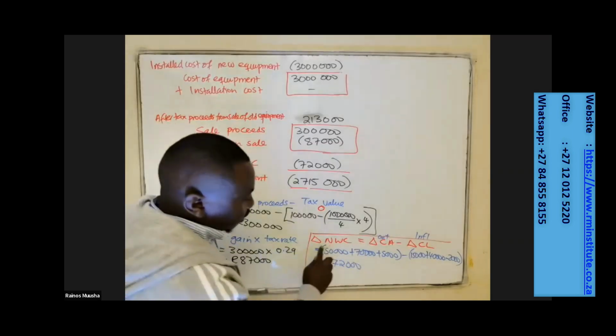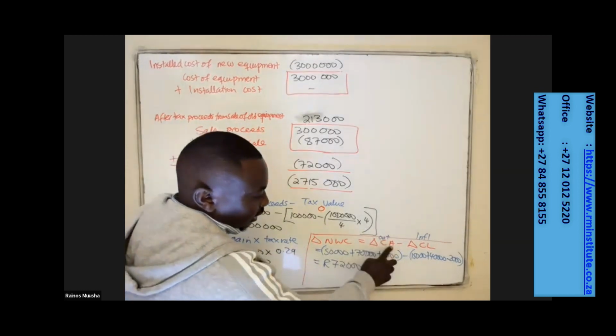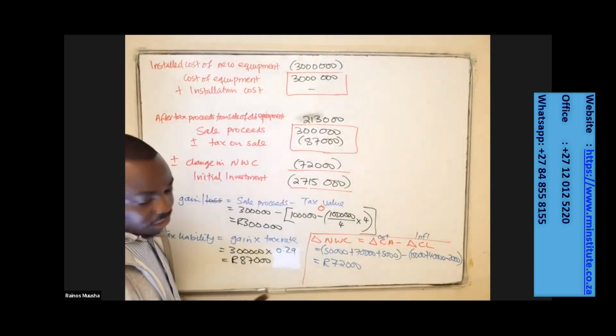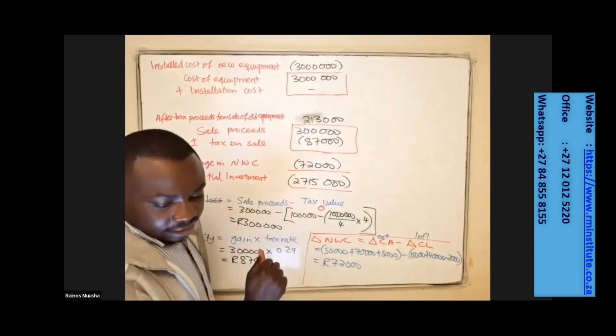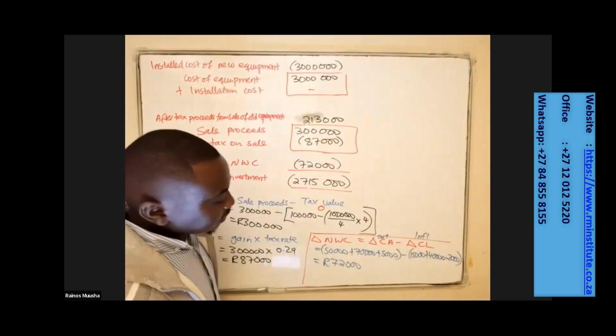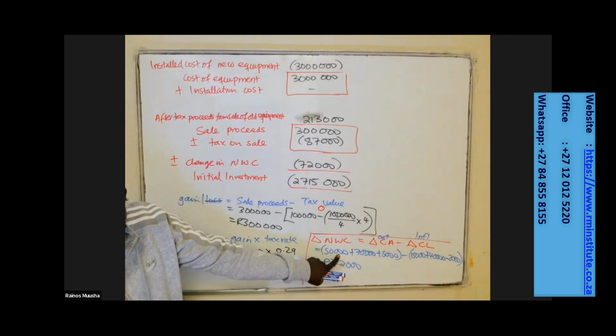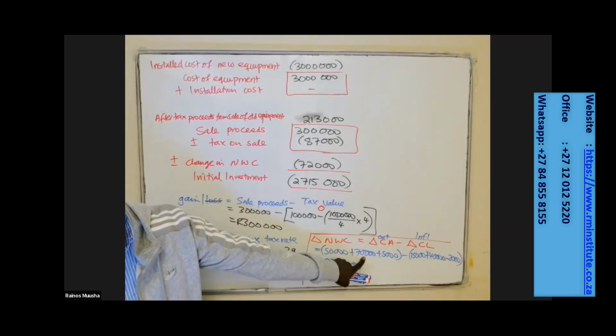So remember, your change in net working capital is a change in current assets minus change in current liabilities, isn't it? What makes up our current assets? There was an increase of 50,000 in inventory, so it's going to increase the value of our current assets. Our accounts receivable increased by 70,000, an increase in current assets.